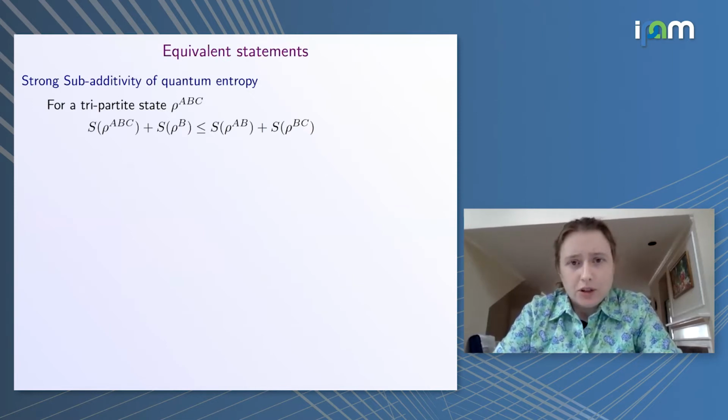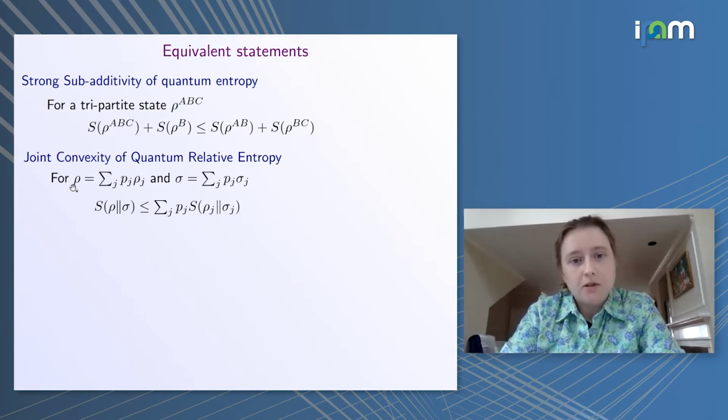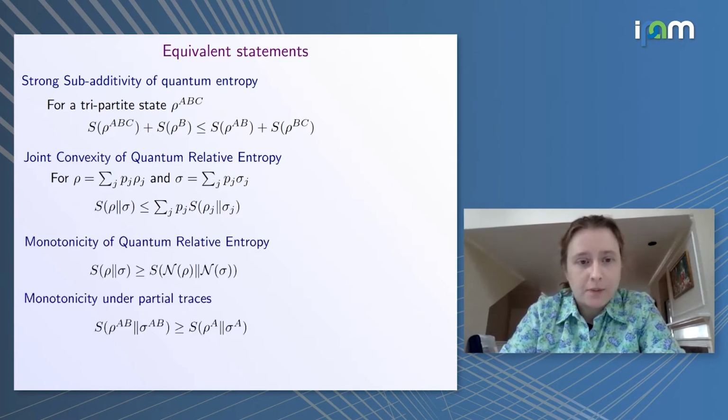There are several interesting equivalent statements that relate to entropy and the relative entropy. So for the entropy, there is a strong subadditivity inequality. There is also the joint convexity property of quantum relative entropy. So if both states can be written as a convex combination with the same probability coefficients Pj, then the relative entropy is jointly convex.